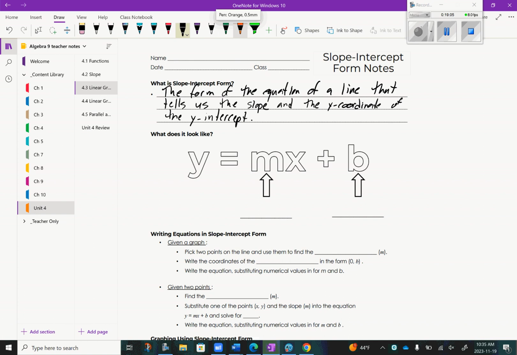Oh, by the way, in case we haven't emphasized this enough, when I use the phrase y-intercept, that means the point where the line crosses the y-axis.